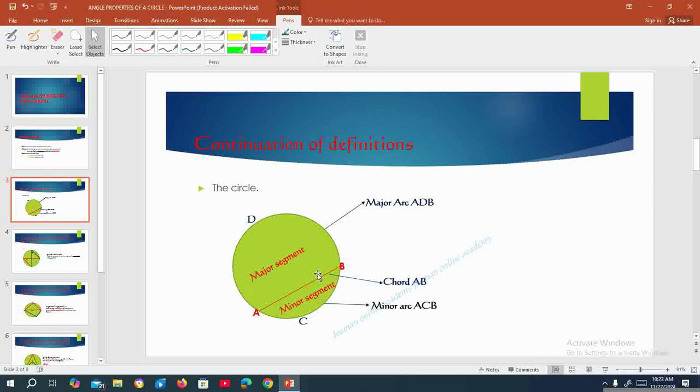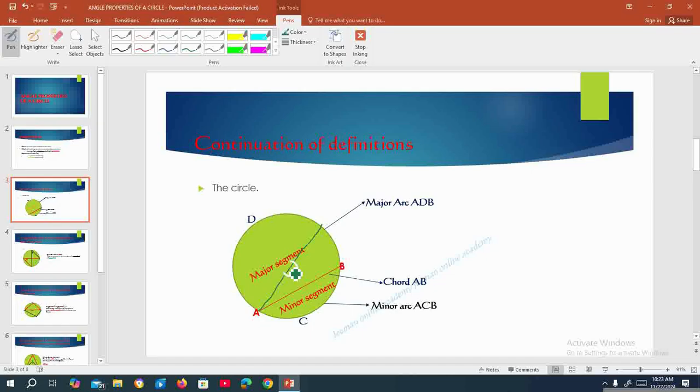If we draw another line, for instance from A, then through the center of the circle to another point on the circumference.